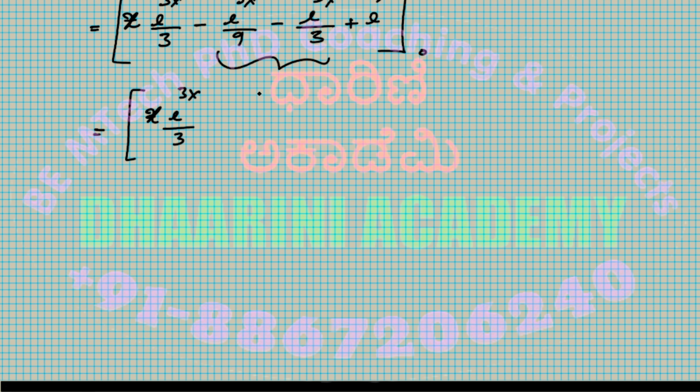These two I'll try to club. Okay, so this second one gets 3 divided by 9. So 3 minus 1 is 4. So you can simply write this as minus 4 into e to the power 3x divided by 9. Correct? Plus e to the power x. So now you substitute 0 to log 2.